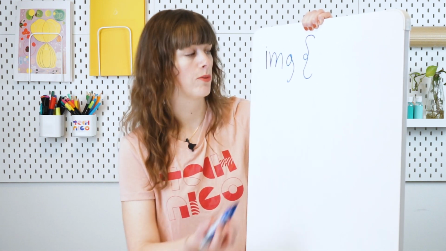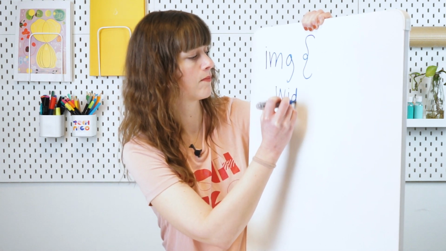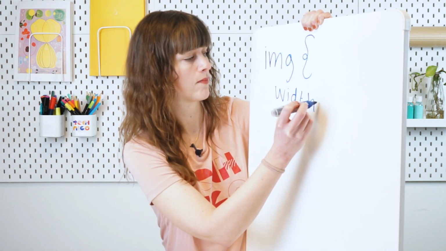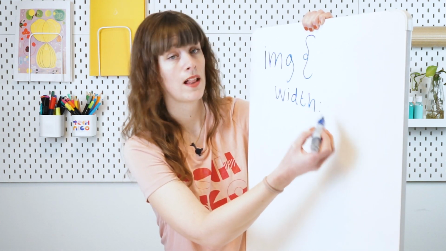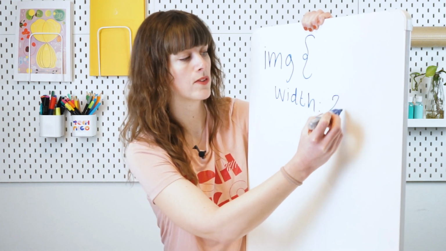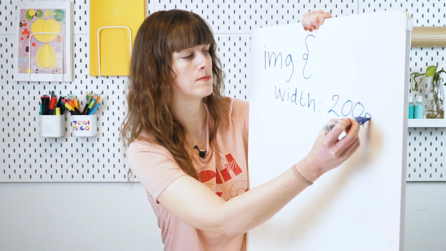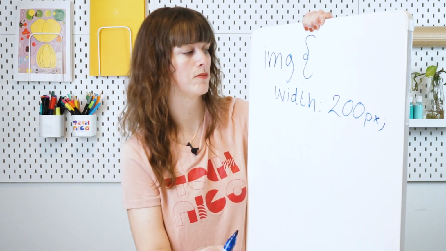The first rule I will write is width, and colon. Then here I will write the value of the width, so the actual size. I will write 200 pixels. And end the rule with a semicolon.